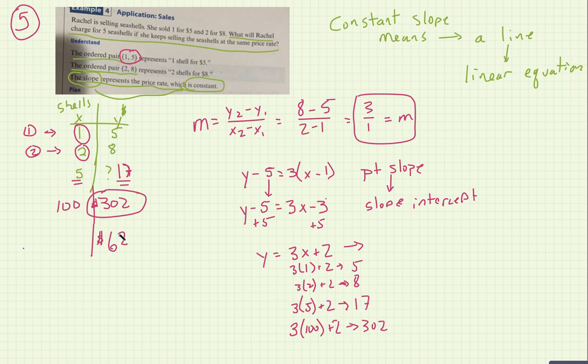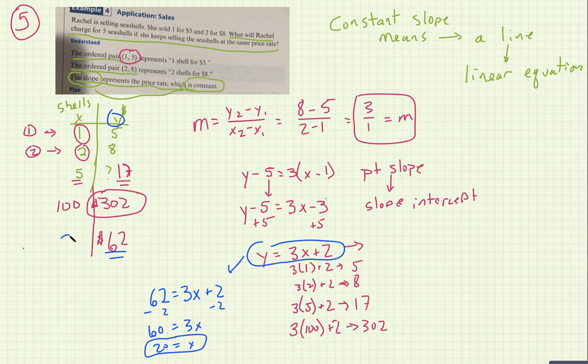Maybe some of you got the answer, but the way that you figure it out is we now know y and we're looking for x. So we'll take our linear equation, we'll put 62 in for y, and then we'll solve for x to see how many shells we could buy. All right, let's subtract 2 from both sides. 60 equals 3x. Well, x equals 20. So we could buy 20 shells for $62.